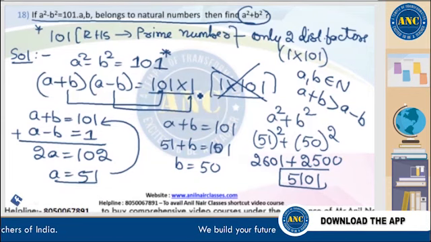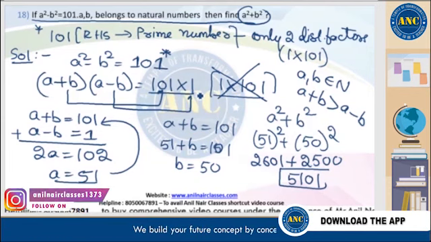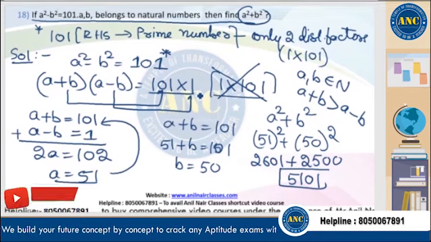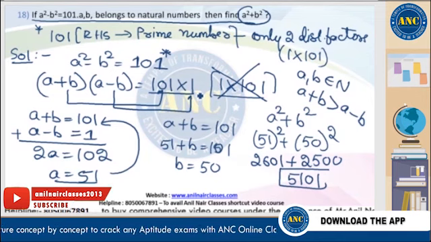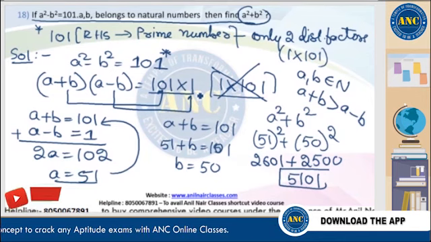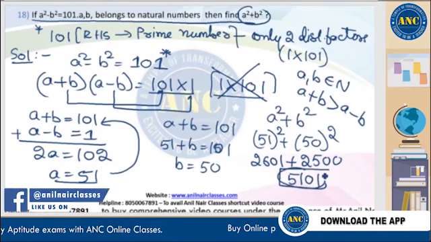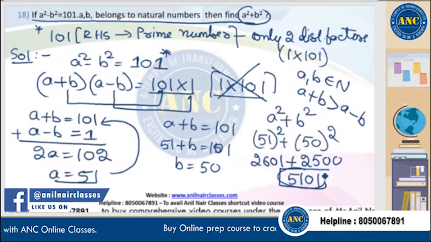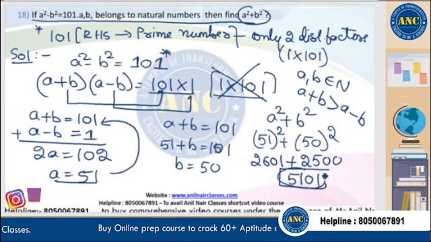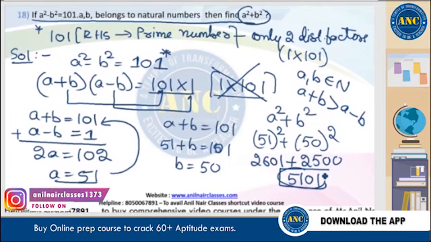Other than a prime number, if the right hand side is a composite number, how to discuss? That also we will discuss. I hope the idea is clear. Answer is 5101. Simple question where there is a quadratic equation a square minus b square, right hand side is a prime number.